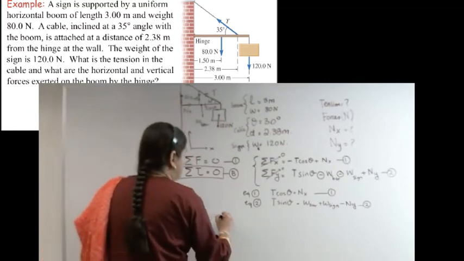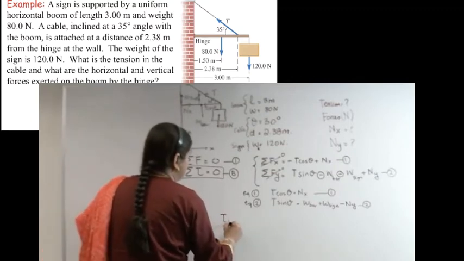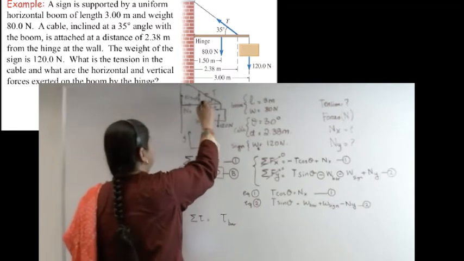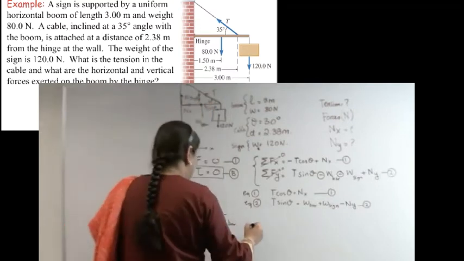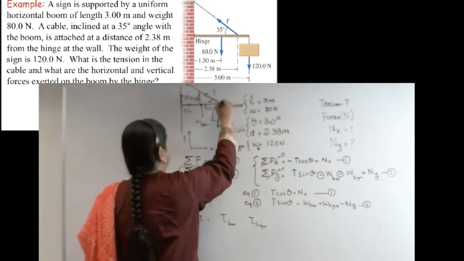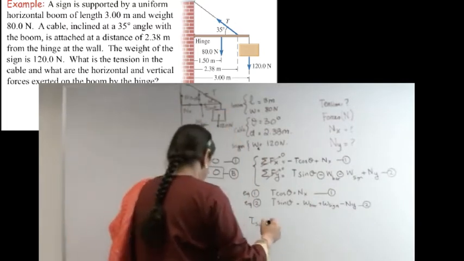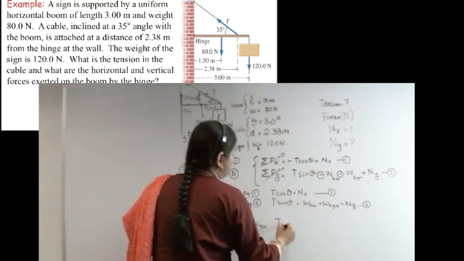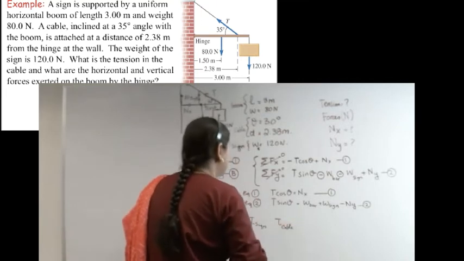So I will have a torque due to the bar, which is acting right here in the middle. Then I will have a torque due to the sign, which is acting right here. It's also pointing downwards. And I will have a torque due to the tension in the cable.